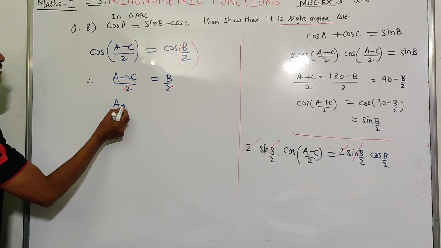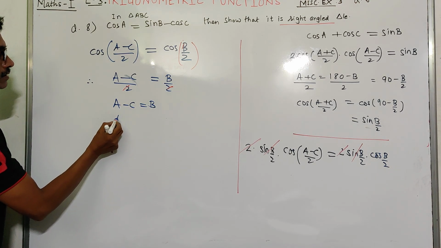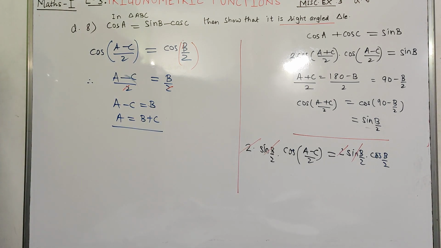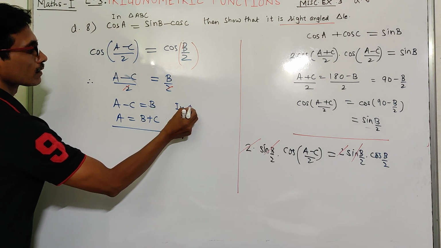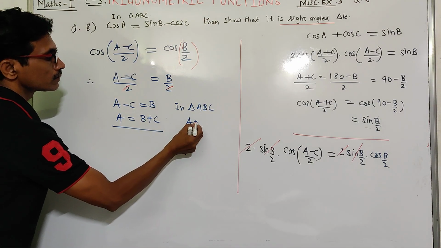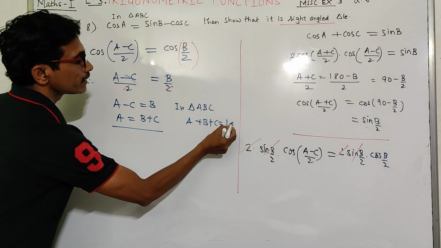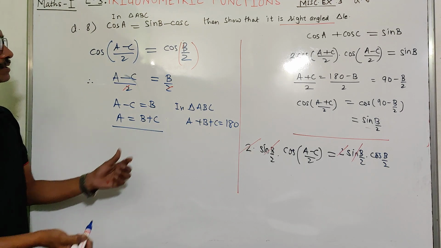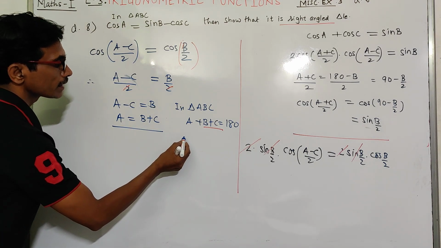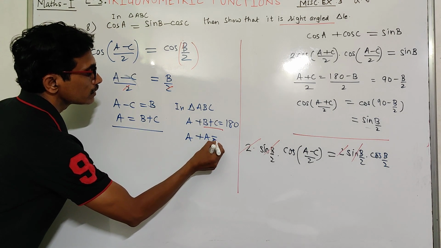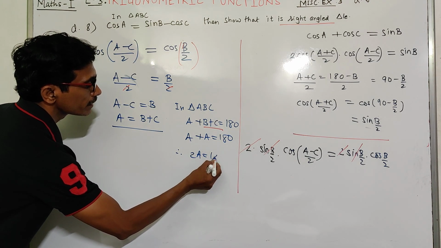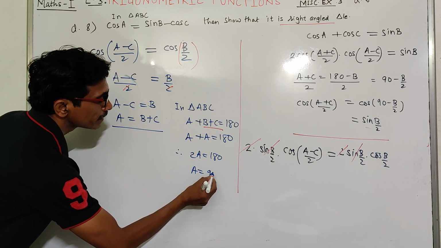So A minus C is equal to B, that is A is equal to B plus C. Now see, in triangle ABC, we have A plus B plus C is 180, and clearly B plus C is equal to A. So in place of B plus C, we will write A. So A plus A is 180, and therefore 2A is equal to 180. So A is 90 degrees.